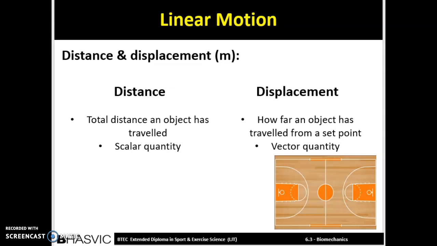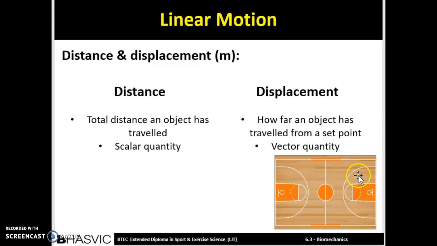So two differences here. You have distance and displacement. Distance would be the scalar quantity, as it doesn't take into account a set point. So a distance covered in a basketball match would just be how much they've run overall, as they're constantly going backwards and forwards on the court during a match.